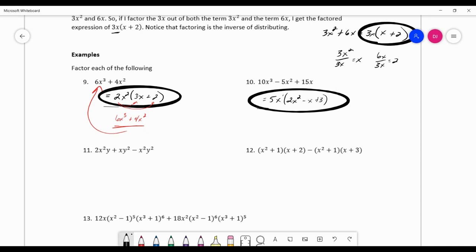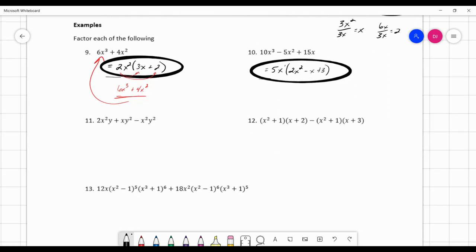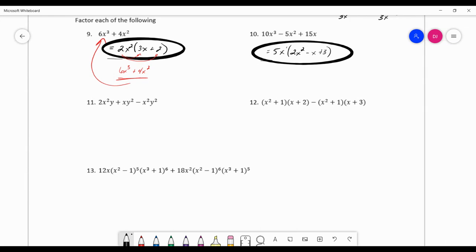Okay. So number 11, 2x squared y plus xy squared minus x squared y squared. Notice we've got the coefficient 2, 1, and 1. So there's not going to be a coefficient that will divide into each of those. But notice that each term does have an x, and each term does have a y.